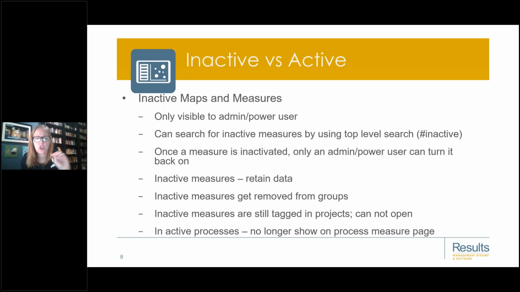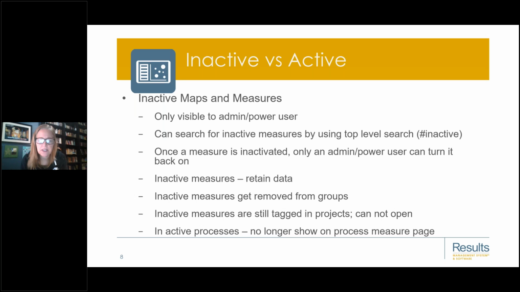I'm going to show you that search for inactive, and that's using the top level search by doing #inactive. And don't worry, if you turn something off and make it inactive, you can turn it back on. But if I'm a measure owner and I turn it off, I no longer have access to it, only if I'm an admin and power user permission. And no worries, the inactive measures stay in your database. You're not losing the information, you're just making it not visible to all your results users.